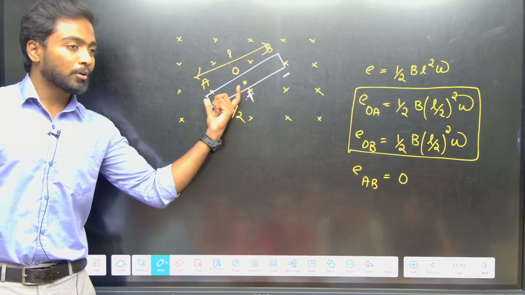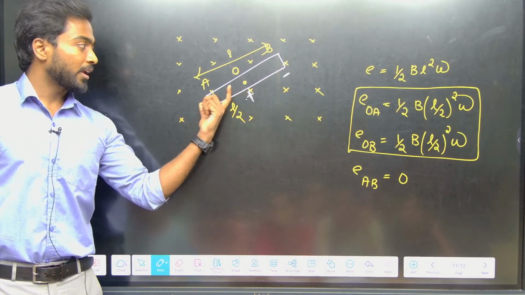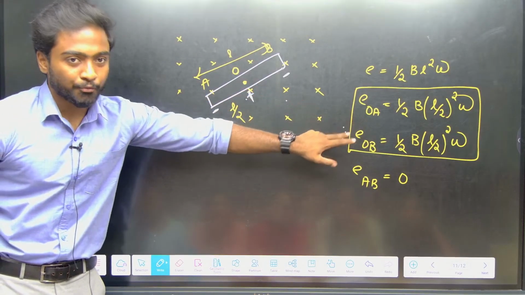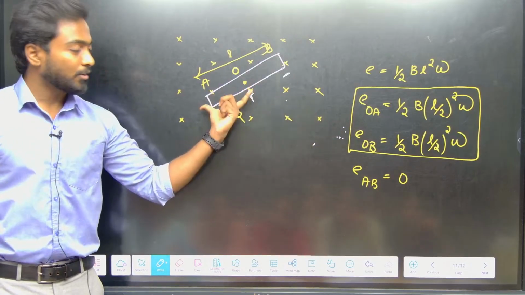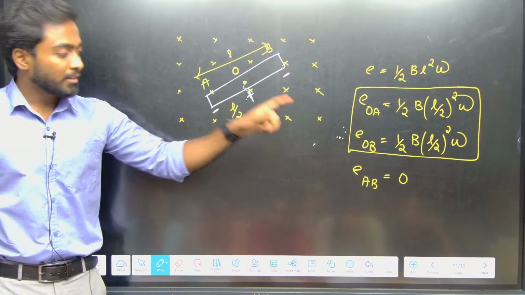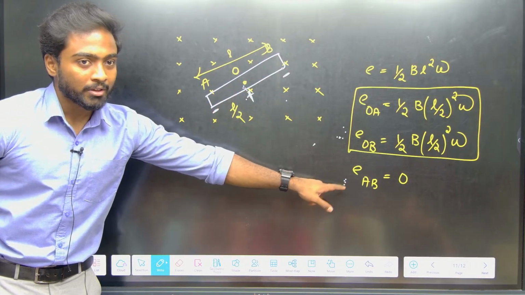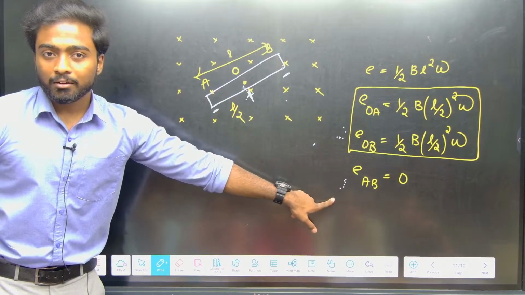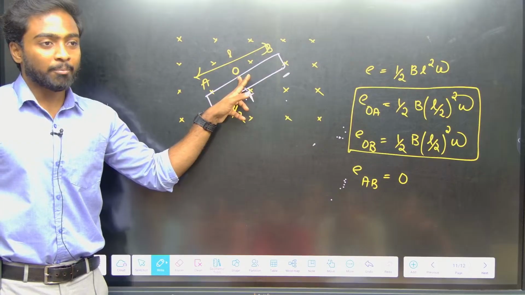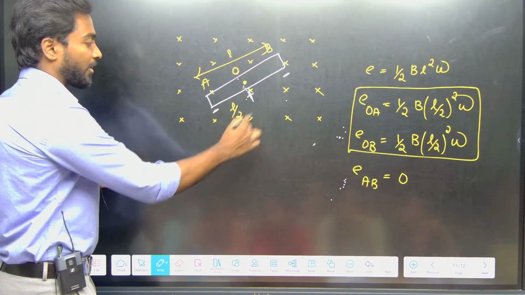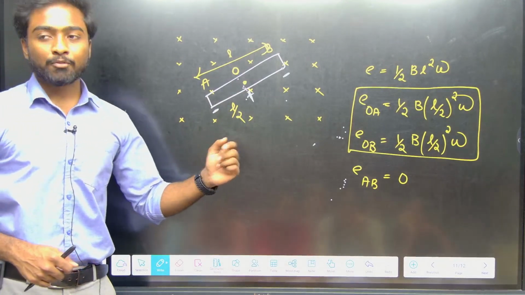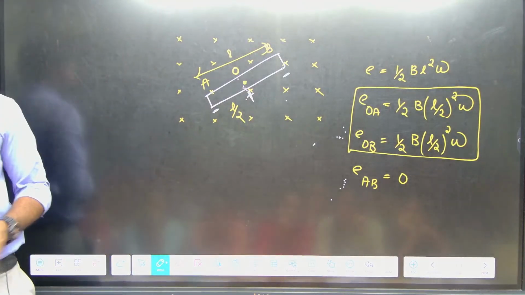If they are talking about the separate cases, the case of OA and the case of OB, then I can use this formula. But if they are talking about the whole case, when I have fixed the point in the middle, then the induced EMF will be 0 because of the same potential. OA also has a potential of, for example, 5, and this one also has 5. So the change in potential will be 5 minus 5, 0. Okay, take down.